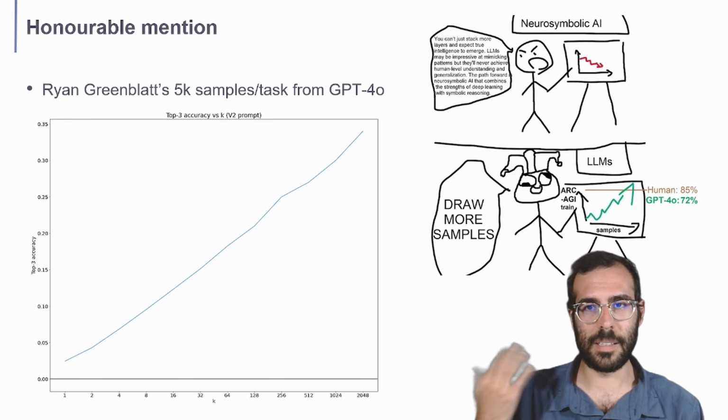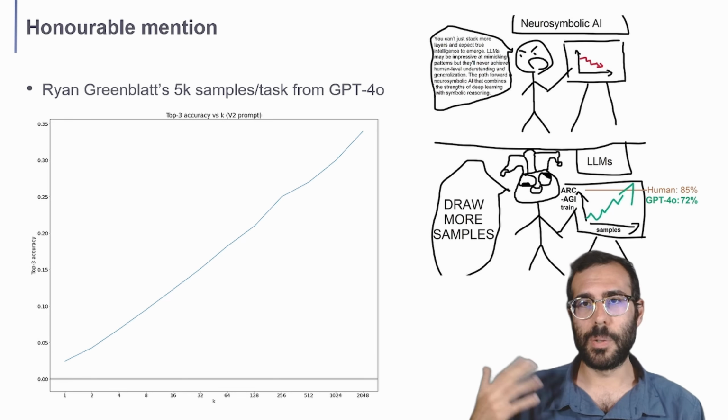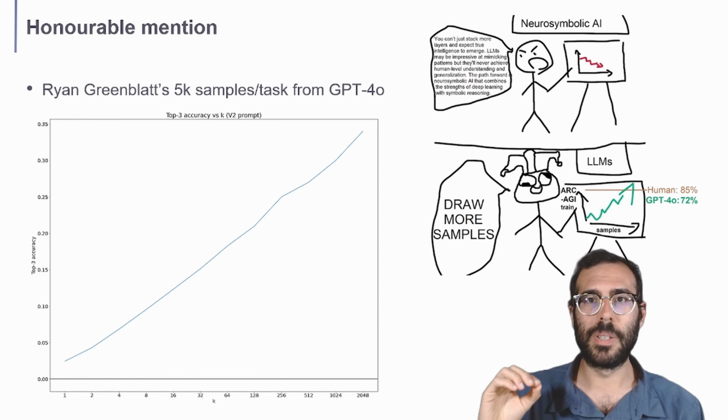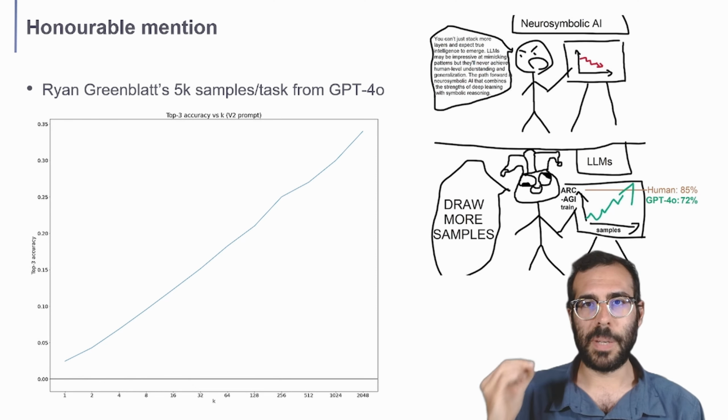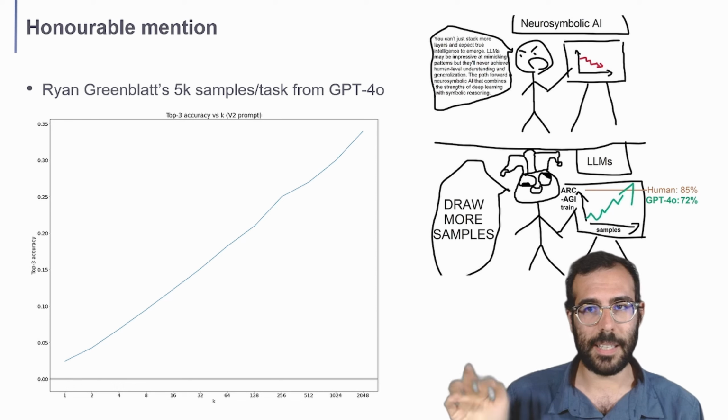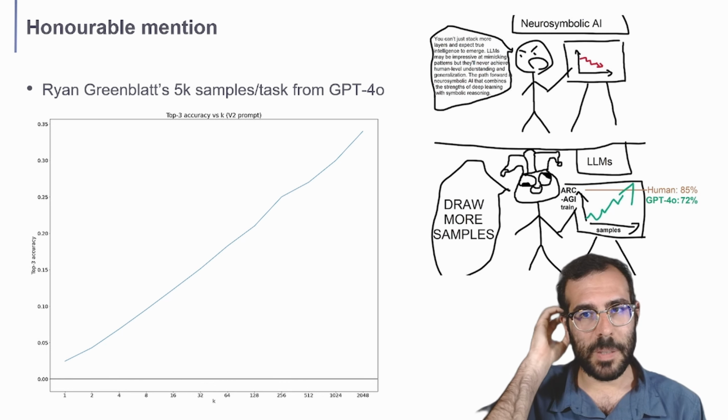On the one hand, this neurosymbolic AI approach where you try to develop clever systems that manipulate the tasks and train the models in various ways. And then on the other hand, you just take a model, draw a bunch of samples, and perhaps get high accuracy. There's a couple of problems with this approach.